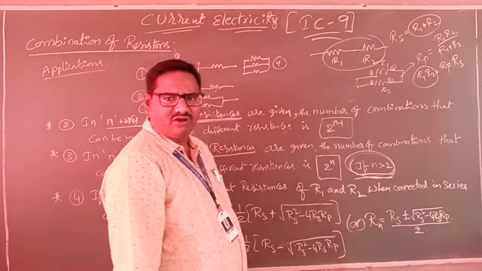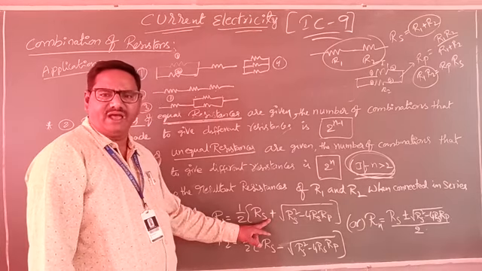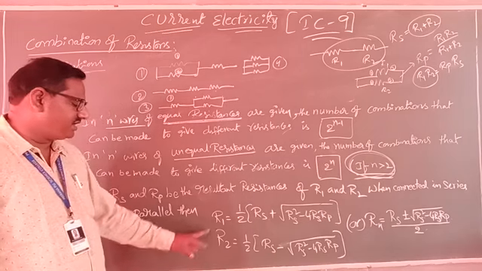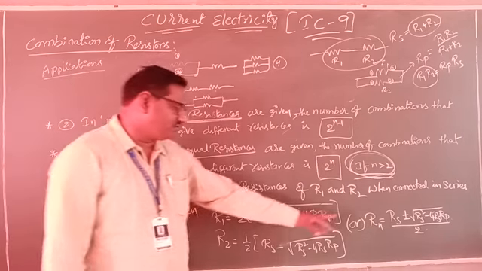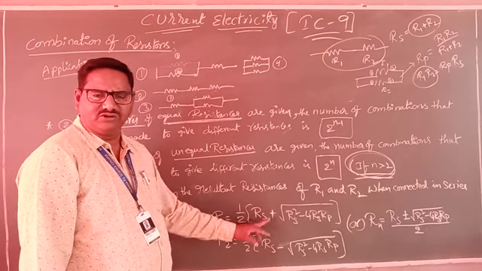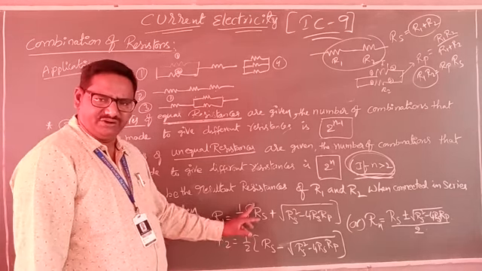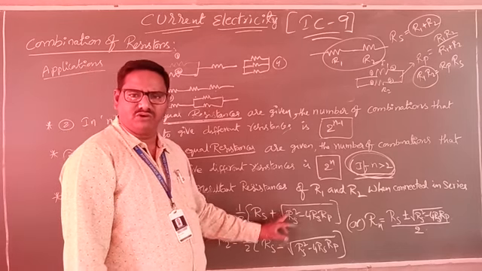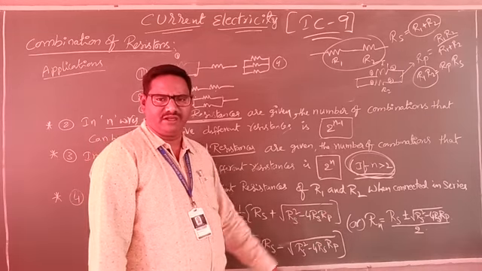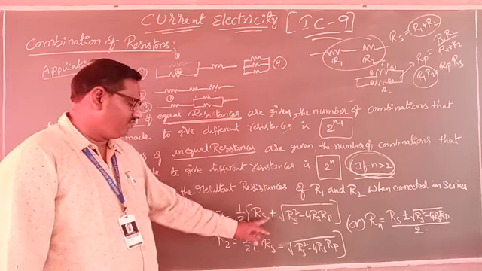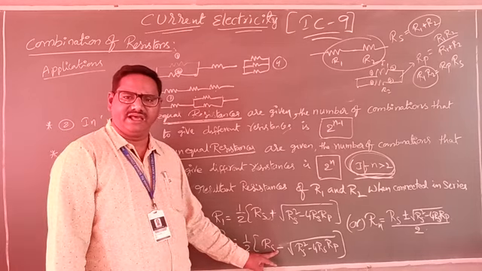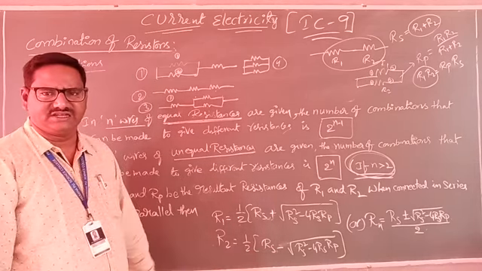Individual means R1: you take plus as R1 and minus as R2. So the individual resistance R1 equals 1 by 2 into Rs plus root over Rs square minus 4 Rs Rp. Similarly, if instead of this plus you take minus, then it will be the second resistance. Clear?